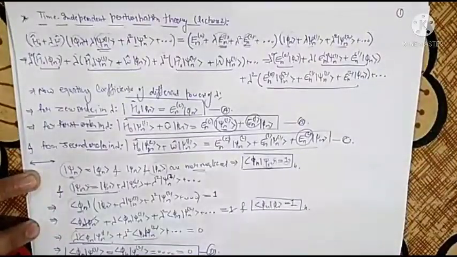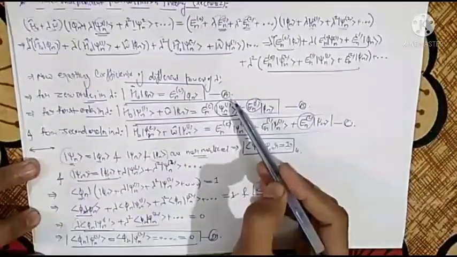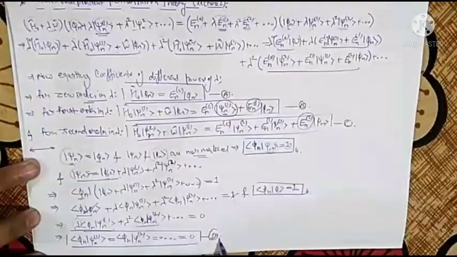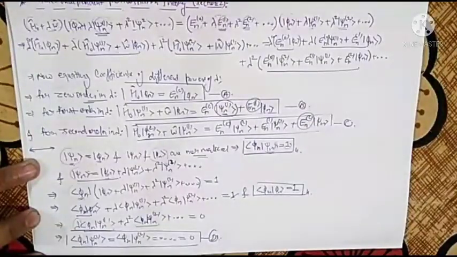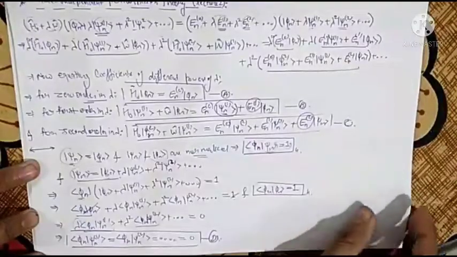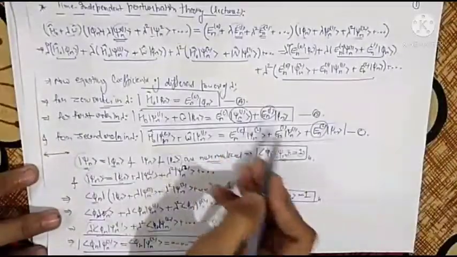So these are the most important four equations: equation A, equation B, equation C, and this equation D. You have to remember and understand these four equations, because now we will use these four equations to calculate these three quantities. So now we are going to calculate these three quantities.